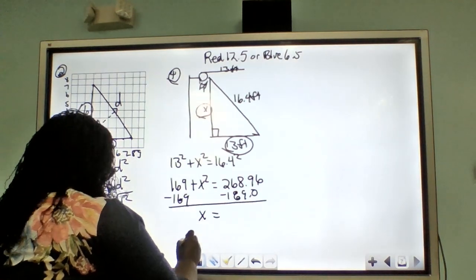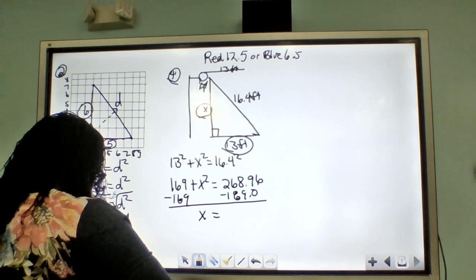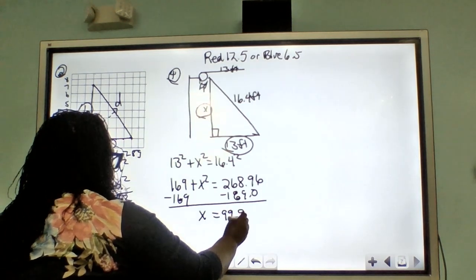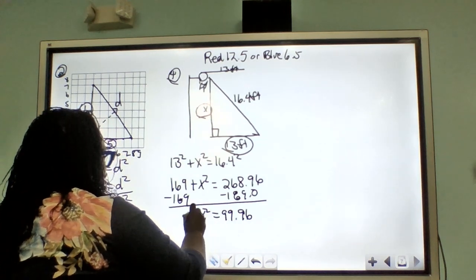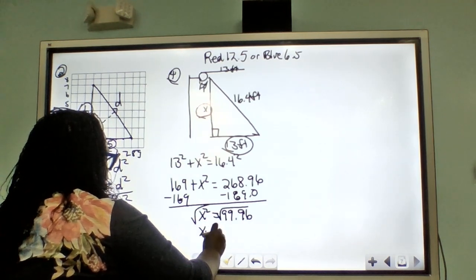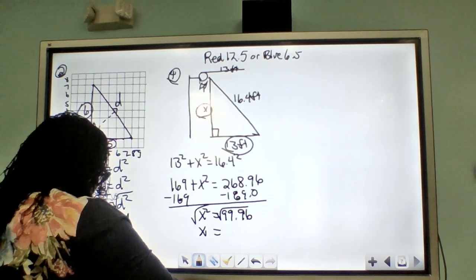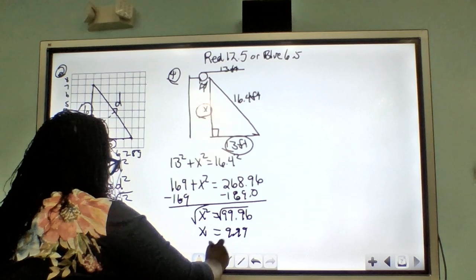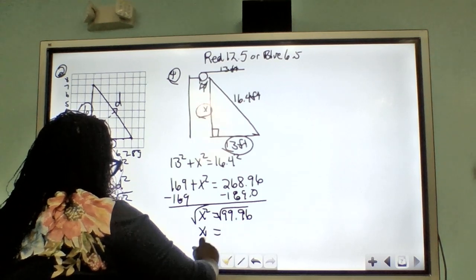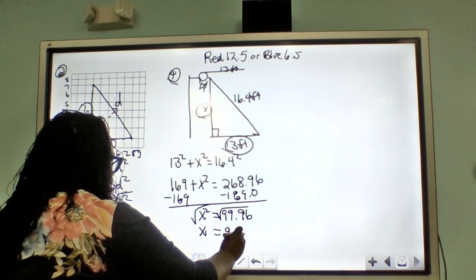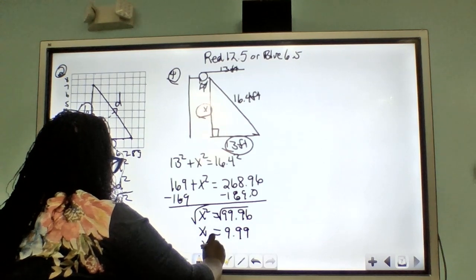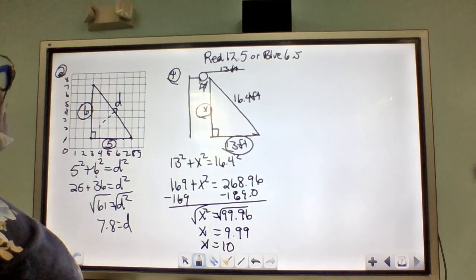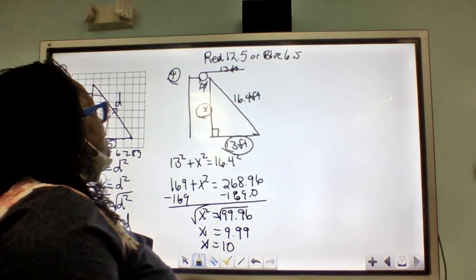X squared is equal to 99.96. Okay, get the square root of both sides, and x is equal to 9.99, which is approximately 10. Okay. Next, number 6.